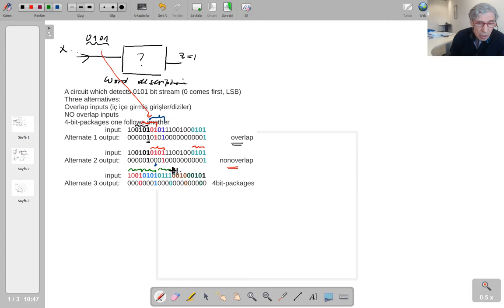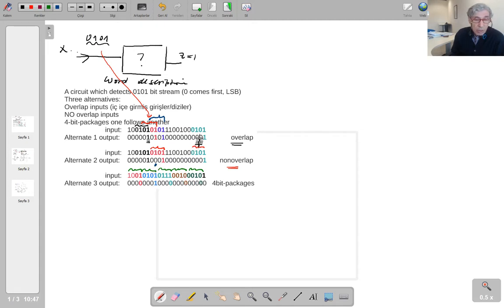This is another 4-bit, this is another 4-bit. And I'm going to check this 4-bit, whether it is the sequence that I am looking for or not. If it is not, put 0. If it is my sequence that I am looking for, then it is 1. So it goes like that. You see 0 here, 0 here, and 0 here. So it is just 1 here.